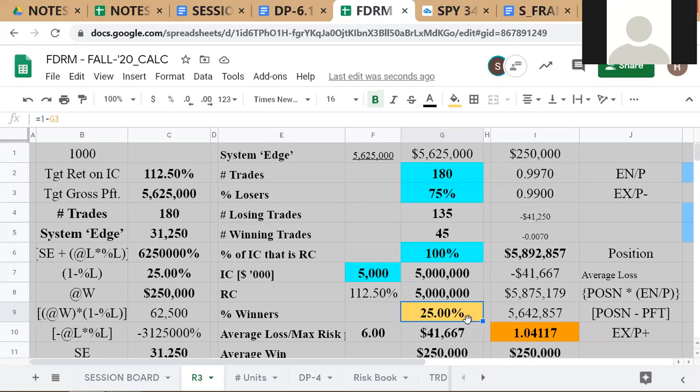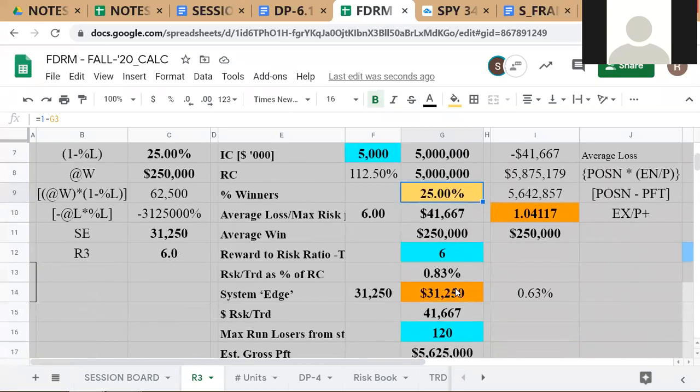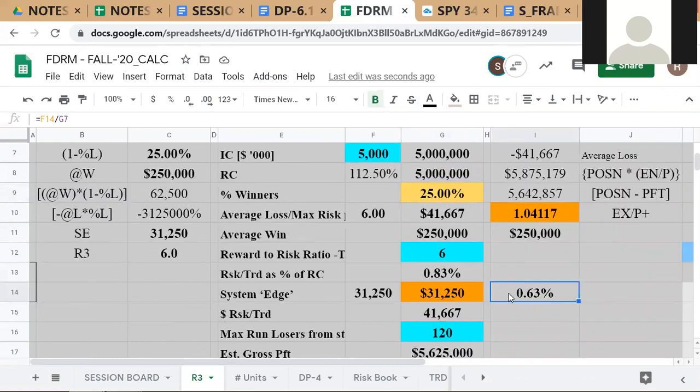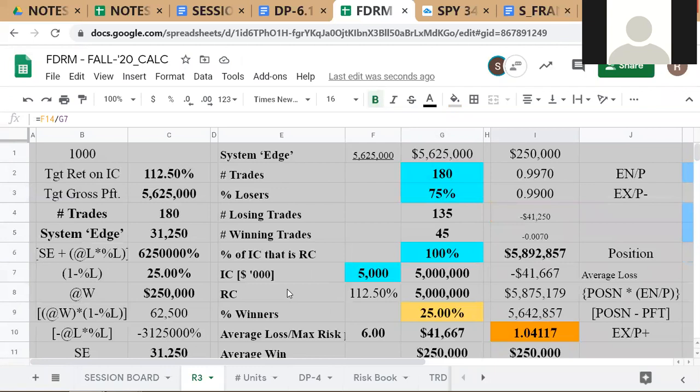Yes, sir, the winning percentage is 25%. All I'm showing you here is the micro level, the per trade equivalent of this number. This system has generated this much return on invested capital, and that's another way of looking at it.